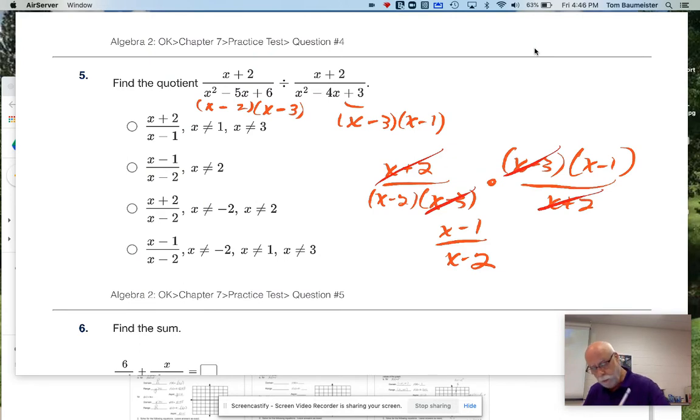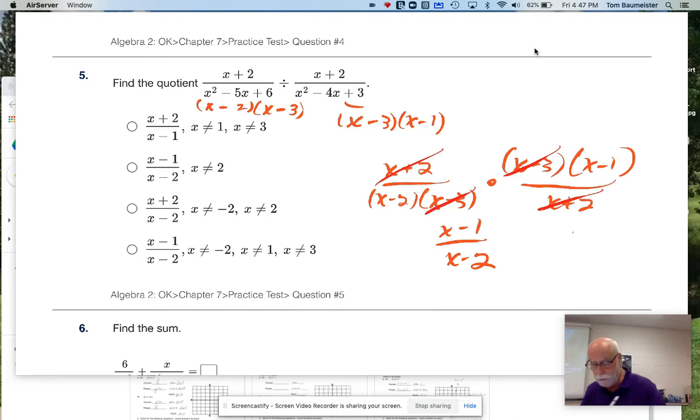Now, here's what you need to look at here. On this one here, I have that twice. I have it here and I have it here. But remember, on this one here, we look at the one on the left-hand side. So this one here tells us that x can't equal 2. And this one here tells us x can't equal -2.